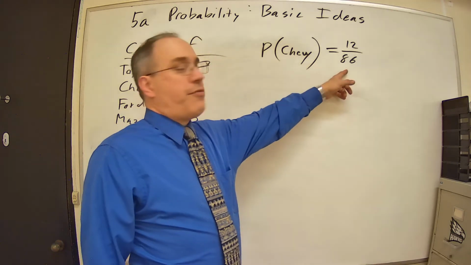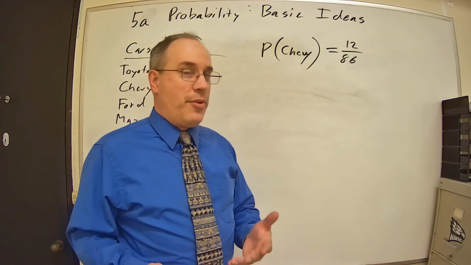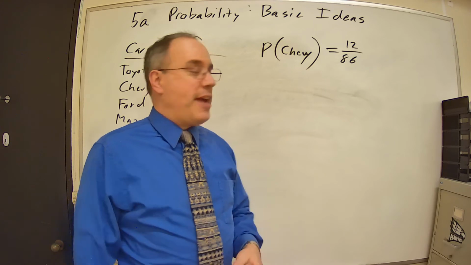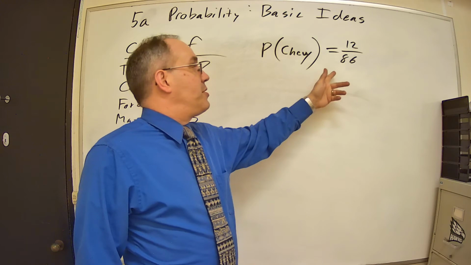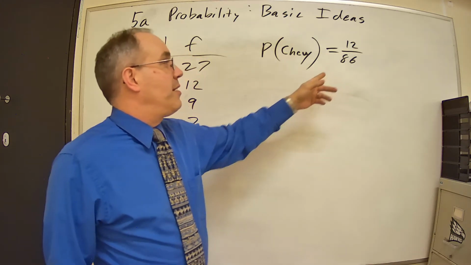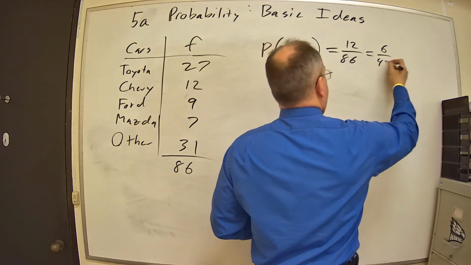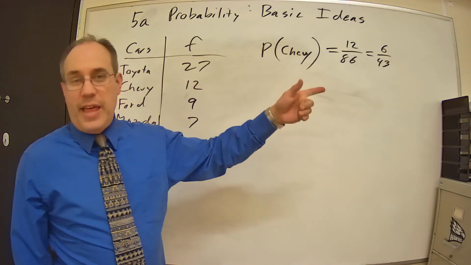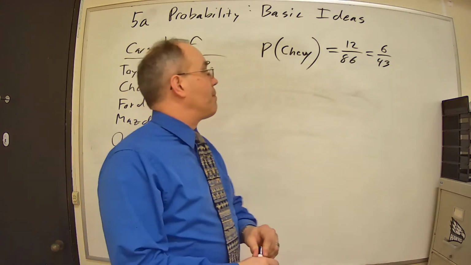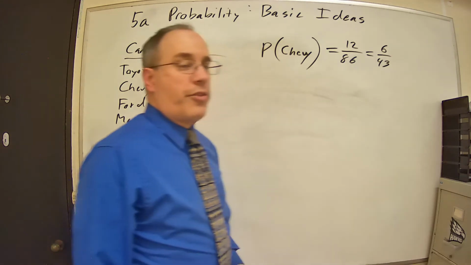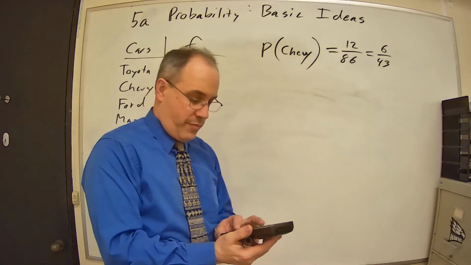But if you leave it as a fraction, and this may sound familiar from when I was talking about relative frequencies way back when, you have to reduce. Okay, so 12/86 reduces to 6/43. So that would be valid. You leave it as 12/86, I've got to take off a point.